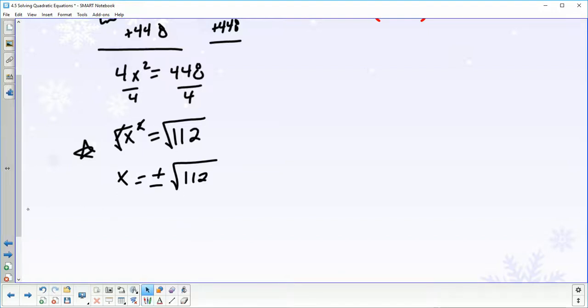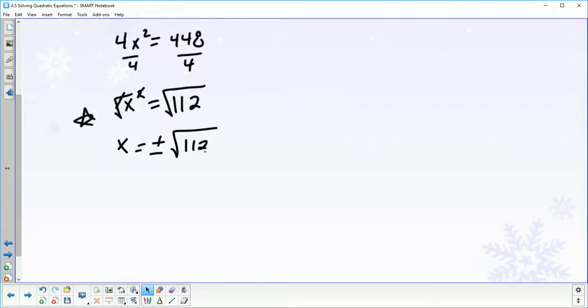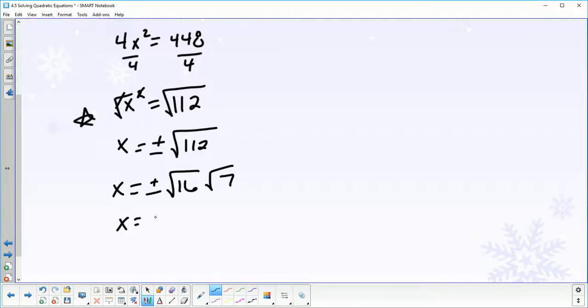Now, if you remember when we simplified radicals, the square root of 112 can be simplified into a perfect square and some other number. And if you went through and tried your list, you would eventually come to 16 and 7, because 16 times 7 is 112. And we can finish simplifying that now, keeping the plus minus: 4 times the square root of 7. That would be as simplified as we could get without writing things as a decimal.